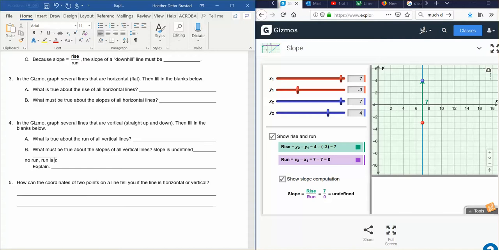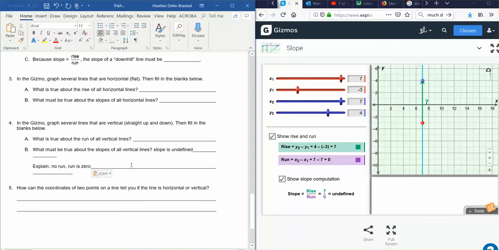Run is 0. That's supposed to be under the explain section. And dividing by 0 is not allowed. So we have to say that it's undefined.